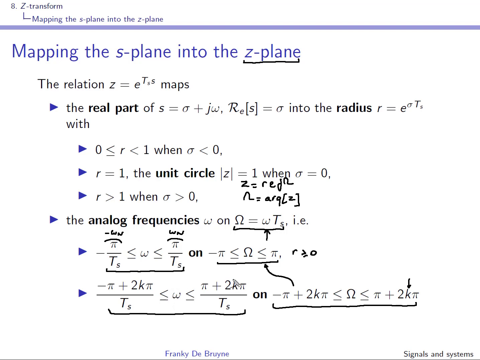And you can see that at least when k is different from 0, we'll define strips of width 2 pi over Ts that will be different to the strip that we had already considered before. So the s domain is decomposed in strips of width 2 pi over Ts, and each of these strips is mapped on the entire z-plane.